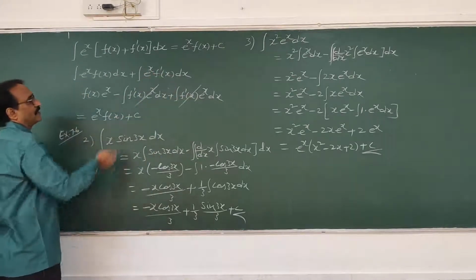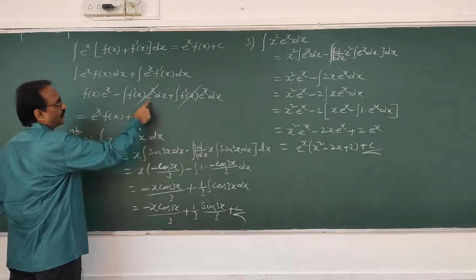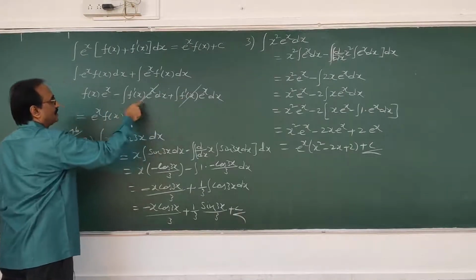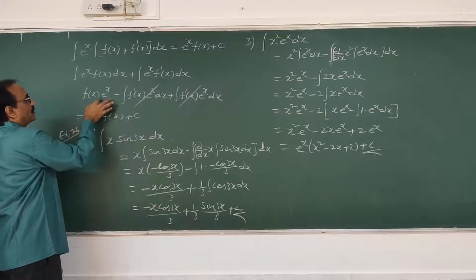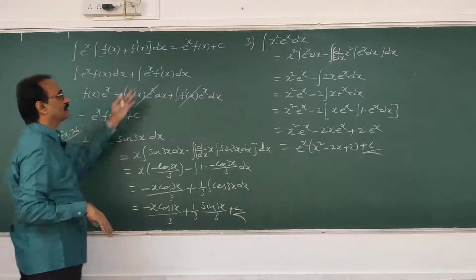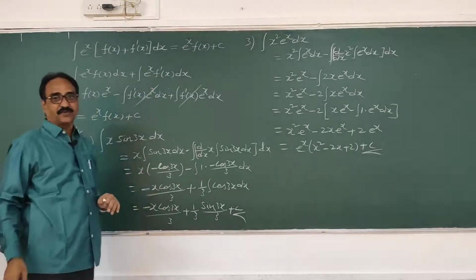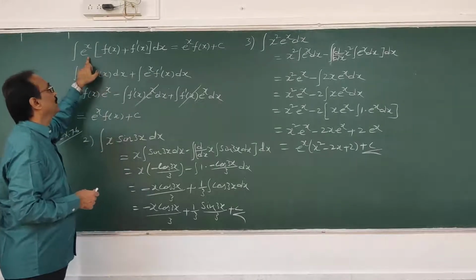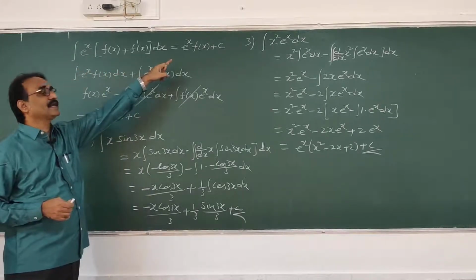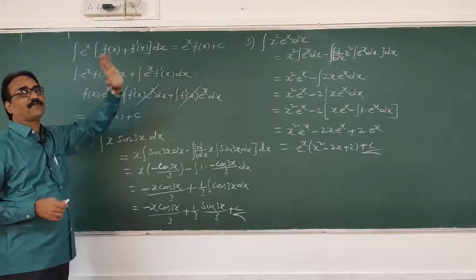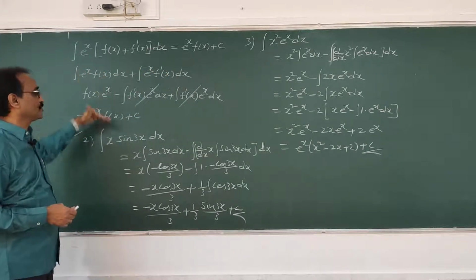Now you see, minus f dash x e power x and plus f dash x e power x cancel. What is left over is e power x into f of x plus c. That is nothing but the formula. Afterwards, whenever you see a problem in this format, we will directly write e power x into f of x plus c, and we won't do these two steps.